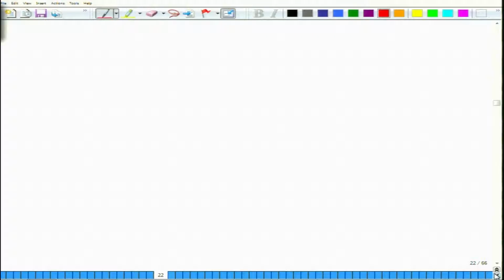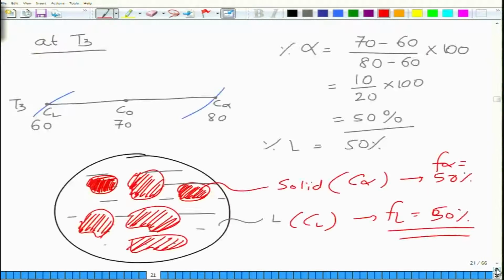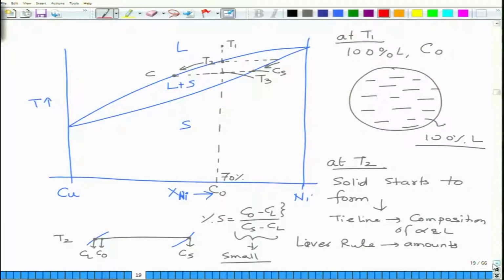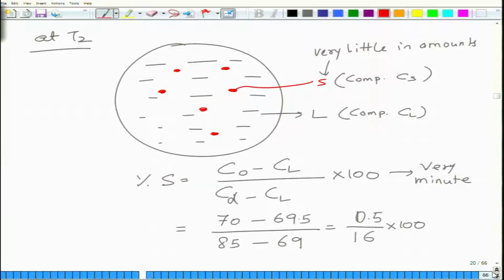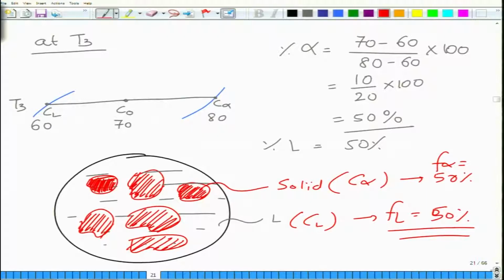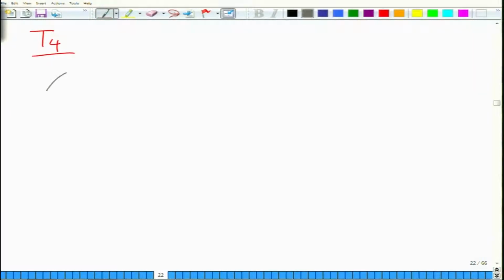The moment you reach T4, T4 is a temperature which is just above the solidus. So, when you are at T4, then liquid composition is this, solid composition almost same as the alloy composition, you have very little liquid left. So, what you have here at T4 is a situation like this. Most of it is solid.